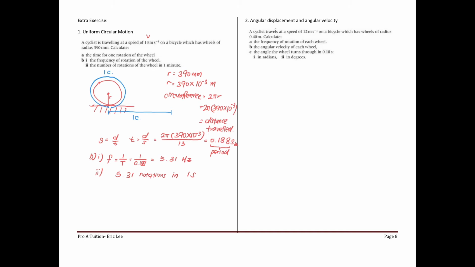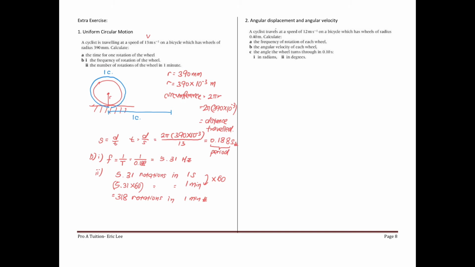And our question asks for the number of rotations in 1 minute. So we have to multiply by 60 in order to get 1 minute. So you have 5.31 multiplied with 60 for the rotations in 1 minute. 5.31 times 60, you will get 318 rotations in 1 minute. So that's the answer for B part 2.